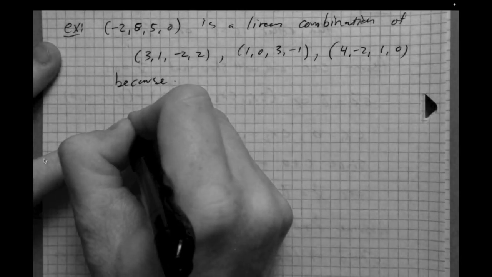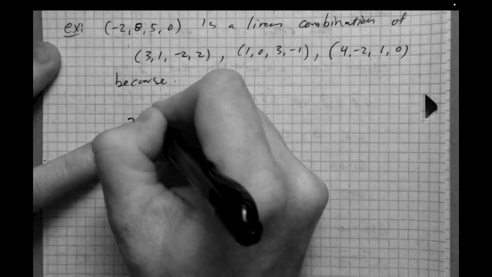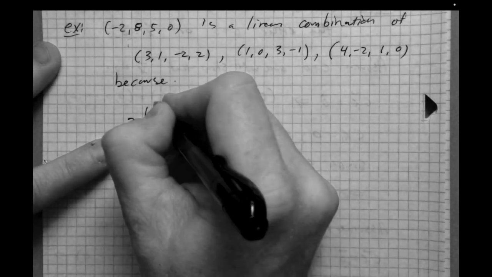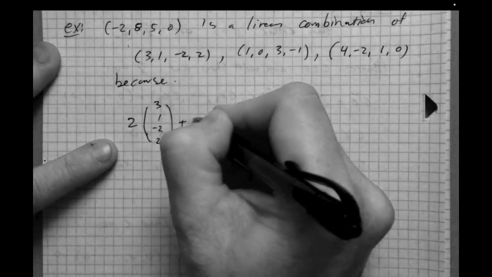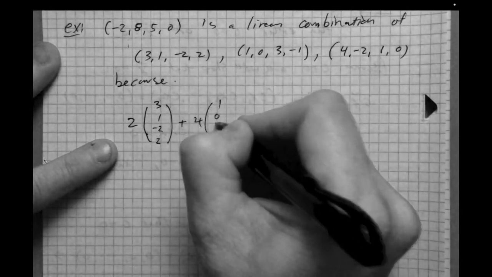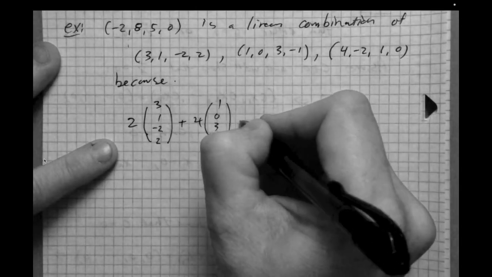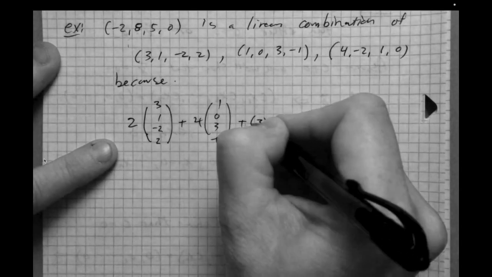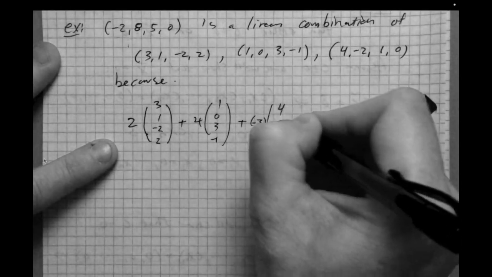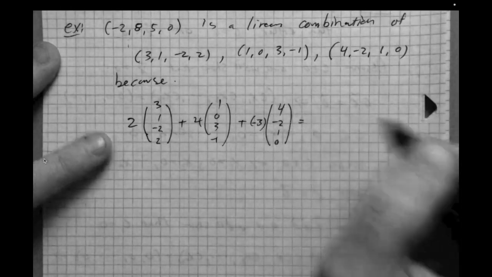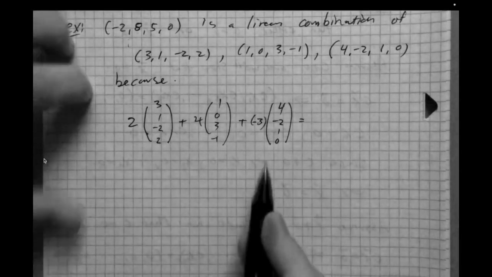In particular, I can use 2 times the first one, (3, 1, -2, 2), plus 4 times the second one, (1, 0, 3, -1), plus -3 times this third one, (4, -2, 1, 0). And what do I get when I do it? Let's add these all up.